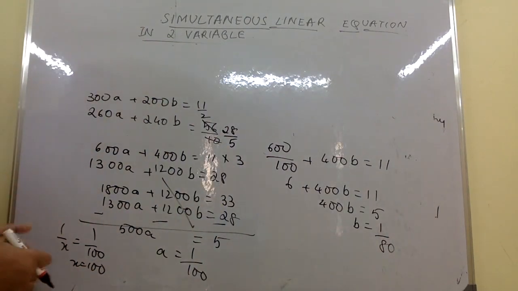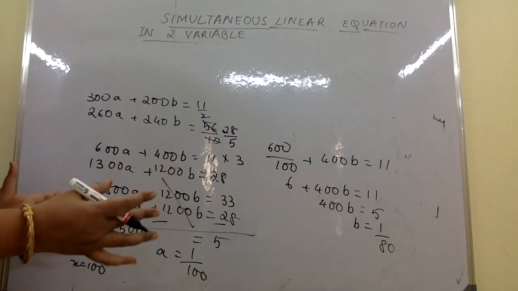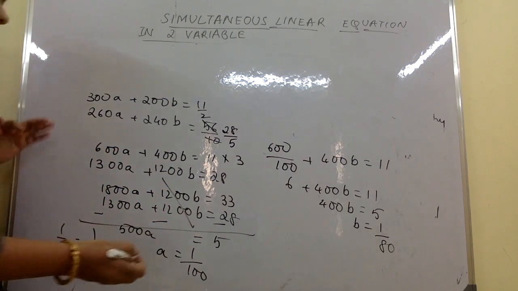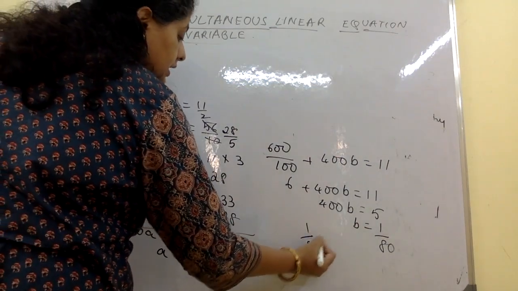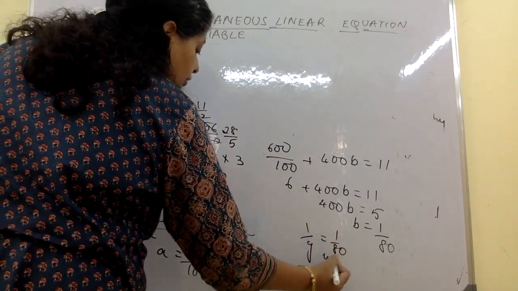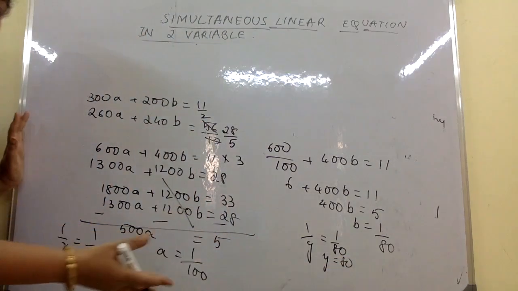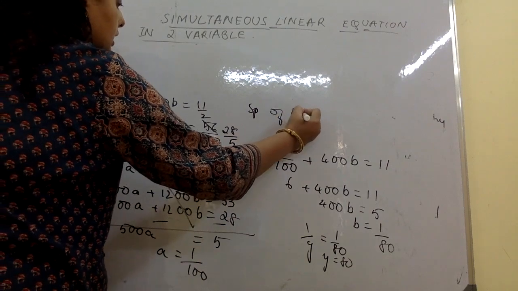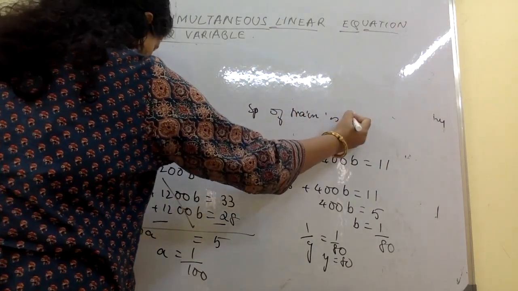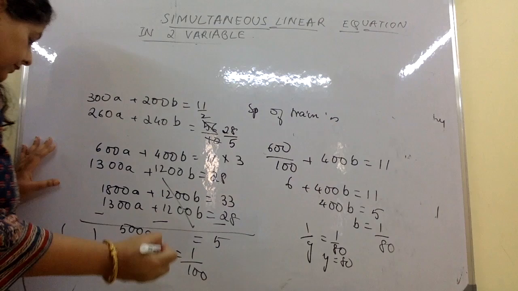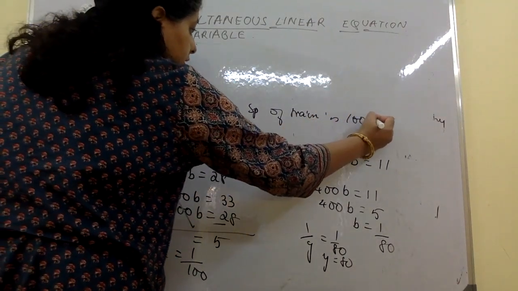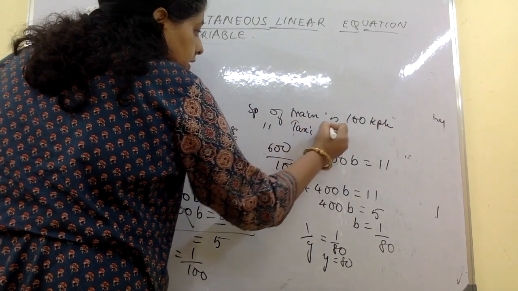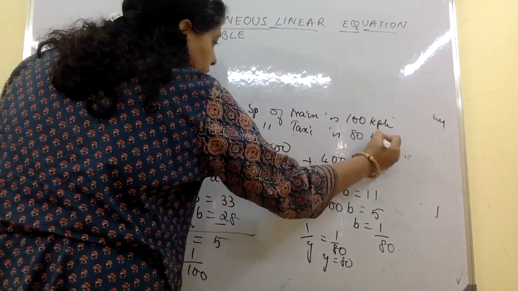So if b is 1 by 80, which is equal to 1 by y, then y is equal to 80. Okay, so speed of train is 100 kph. Speed of taxi is 80 kph.